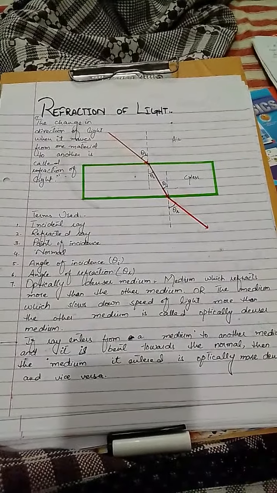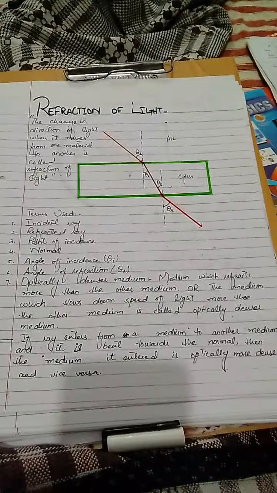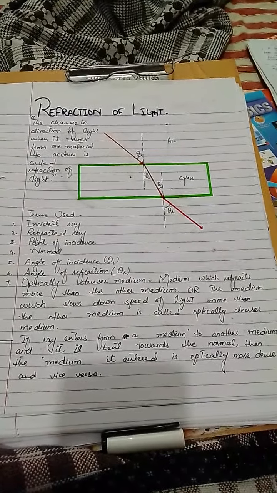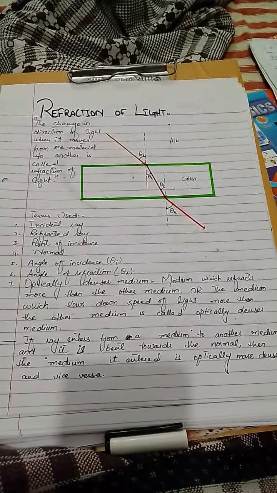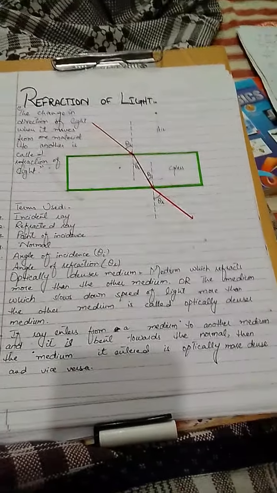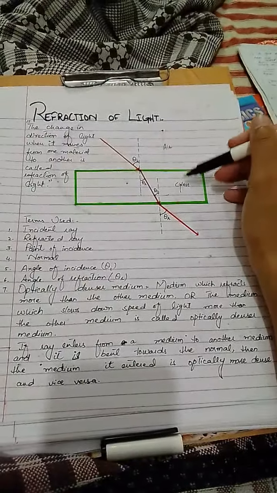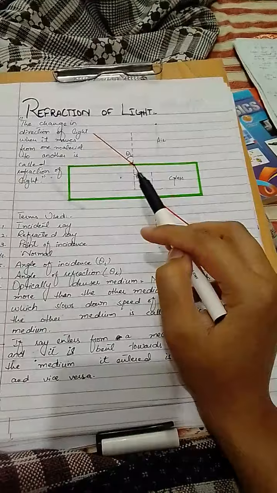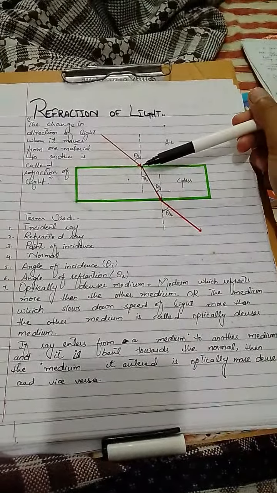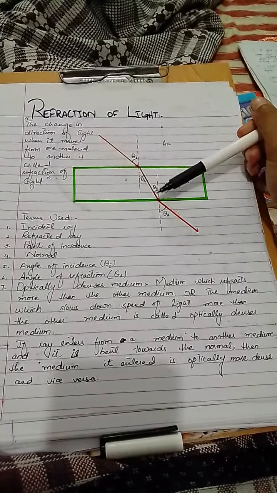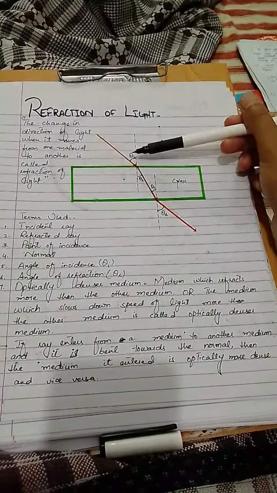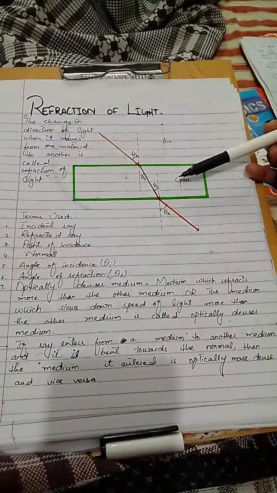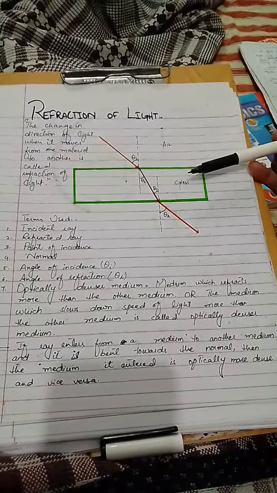Or the medium which slows down the speed of light more than the other medium is called the optically denser medium. Now which one is the optically denser medium? Which refracts more? Here we can see glass is refracting more. It is changing the direction of the light more. So the glass is the optically denser medium.